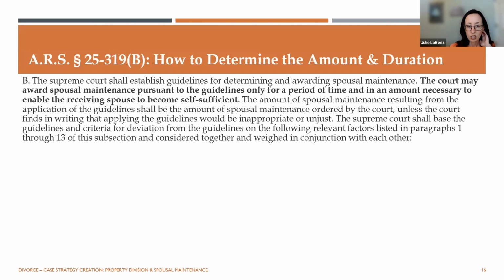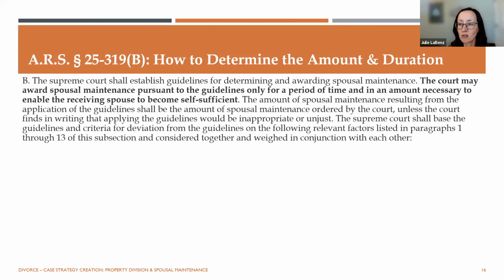And this part of the statute was changed this past year to acknowledge the guidelines, but also notice that this language is in here that the court is only supposed to award spousal maintenance for a period of time and in an amount necessary to enable the receiving spouse to become self-sufficient.